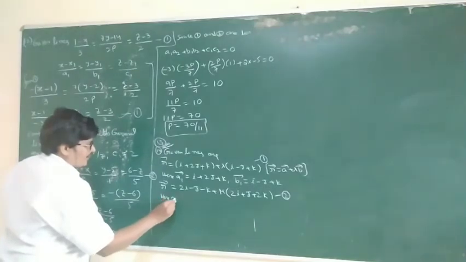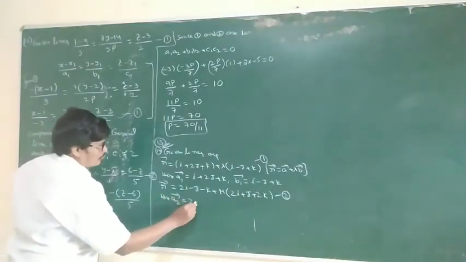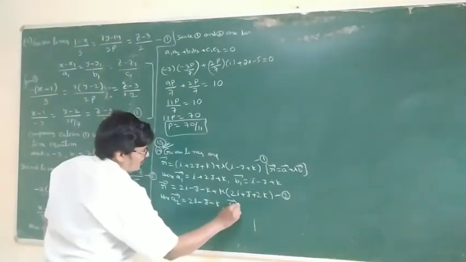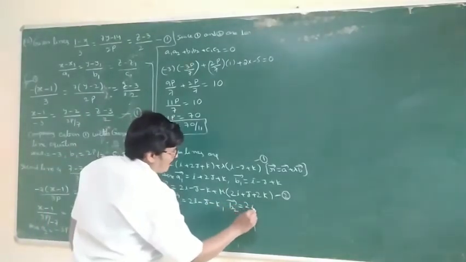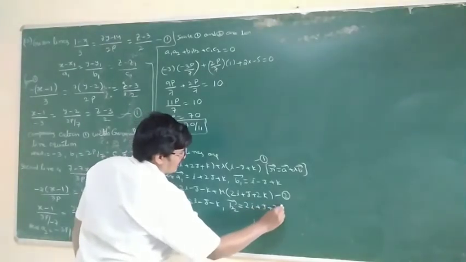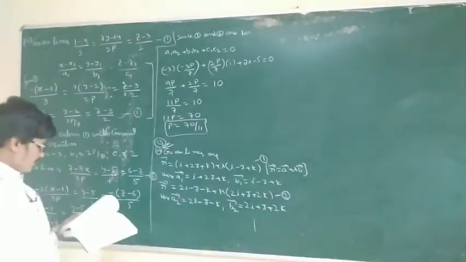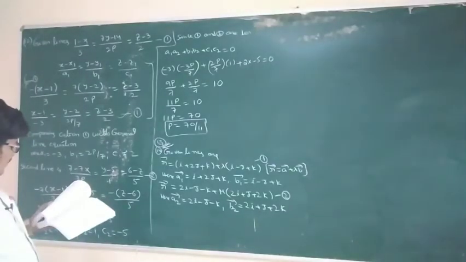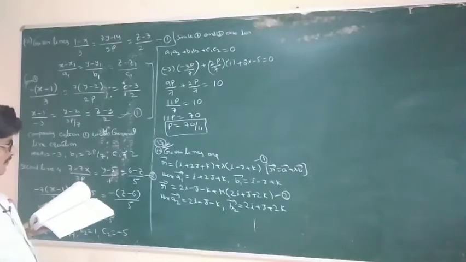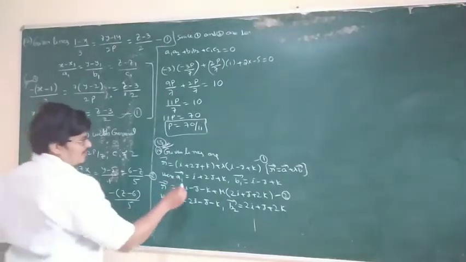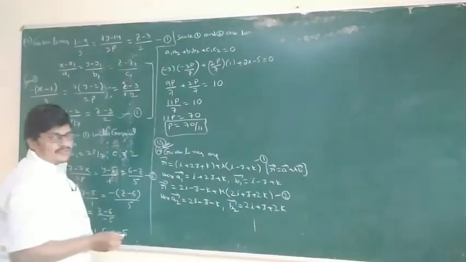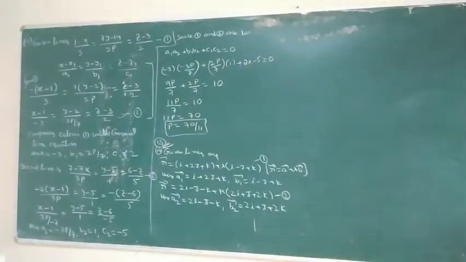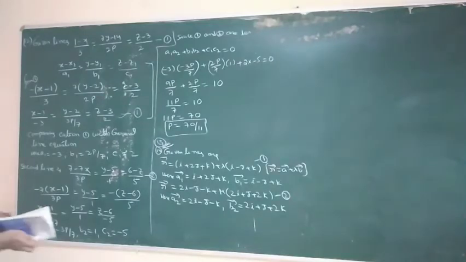Here a2 bar is equal to 2i minus j minus k, b2 bar is equal to 2i plus j plus 2k. This is the 14th problem: i plus 2j, i minus j plus k, 2i minus j minus k, 2i plus j plus 2k. These are the two equations, with data a1, b1, a2, b2. Okay, clear.